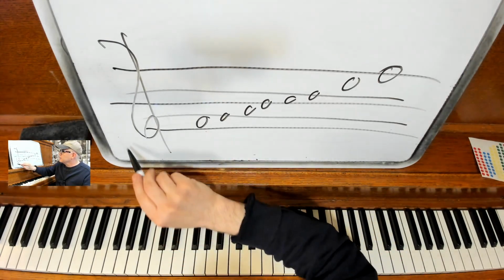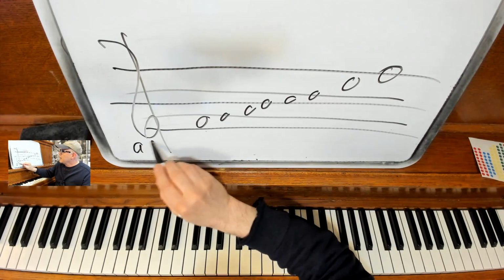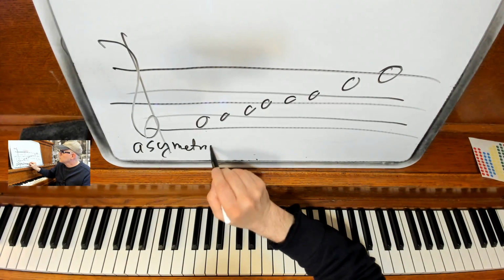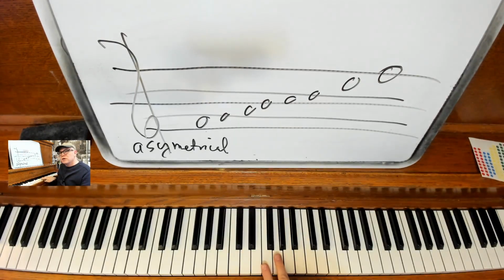The Lydian that we learn is asymmetrical, because the intervals between the notes change. Whole, whole, whole, half, whole, whole, half. They're different when we get to the half.